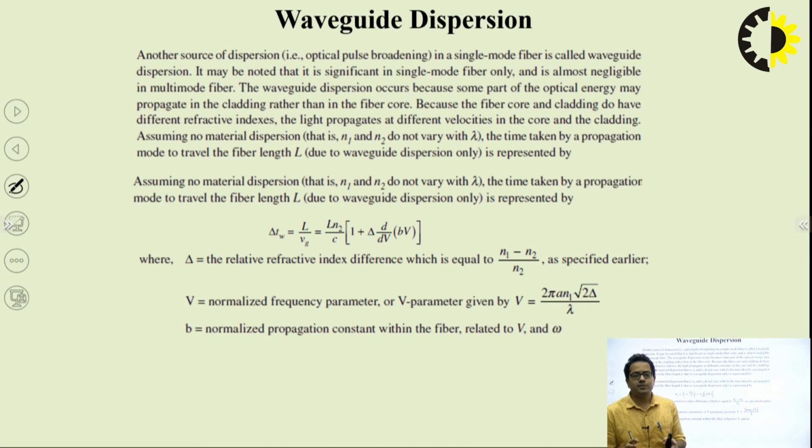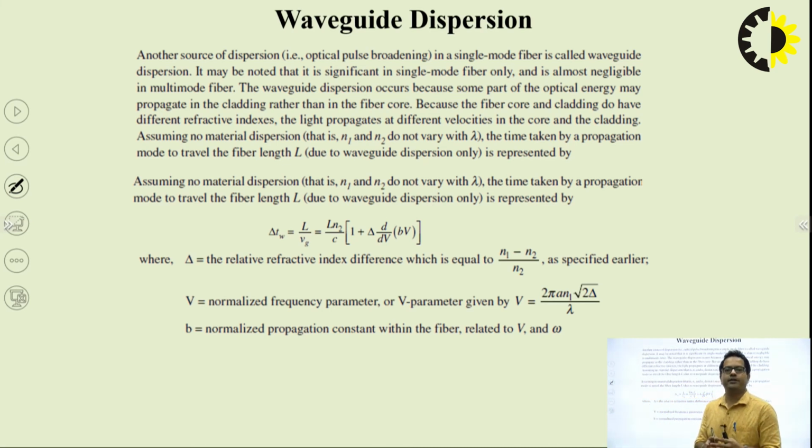Waveguide dispersion occurs because some part of the optical energy may propagate in the cladding rather than in the fiber core, and because the core and cladding have different refractive indices, the light propagates at different velocities in the core and the cladding.